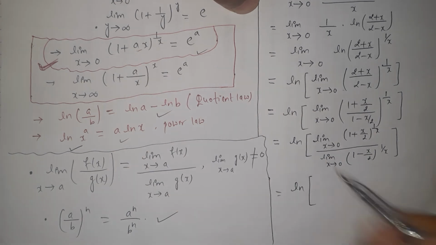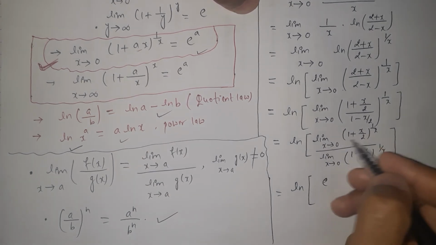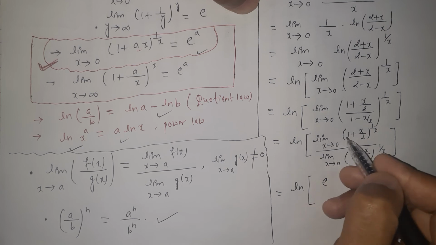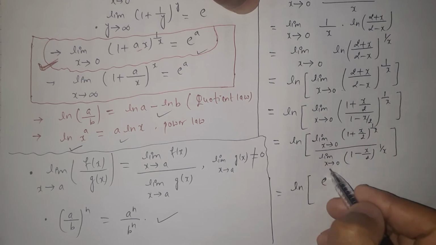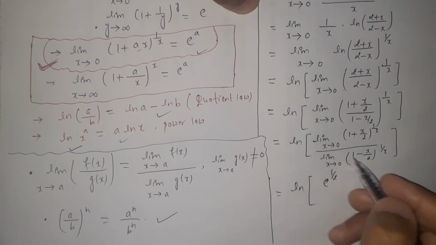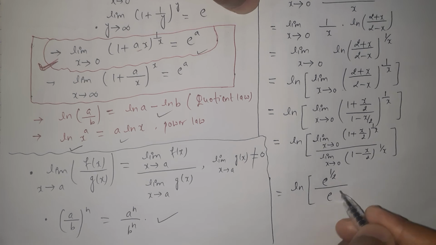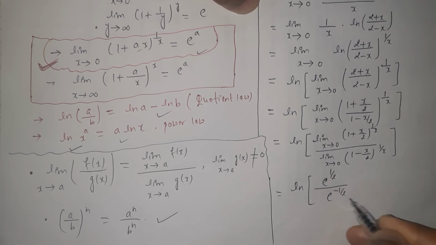So let's write this, and then this expression becomes e to the power, here the coefficient of x, since x approaches 0, so we have to look at the coefficient of x. Here the coefficient of x is 1 over 2 in the numerator, and similarly in the denominator we can write e to the power, where the coefficient of x is negative half.